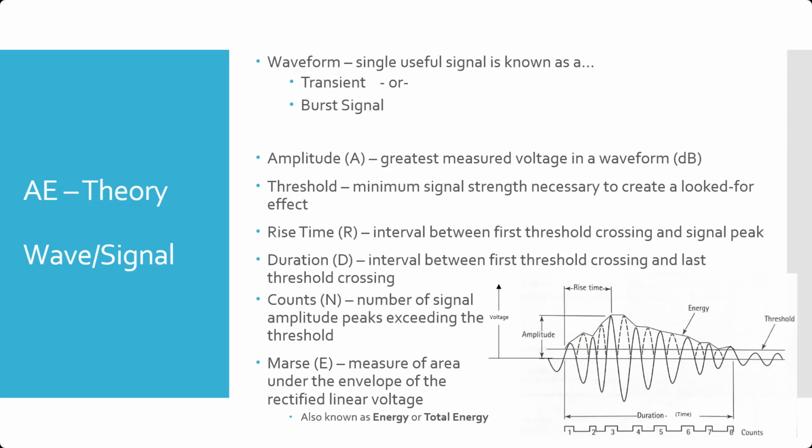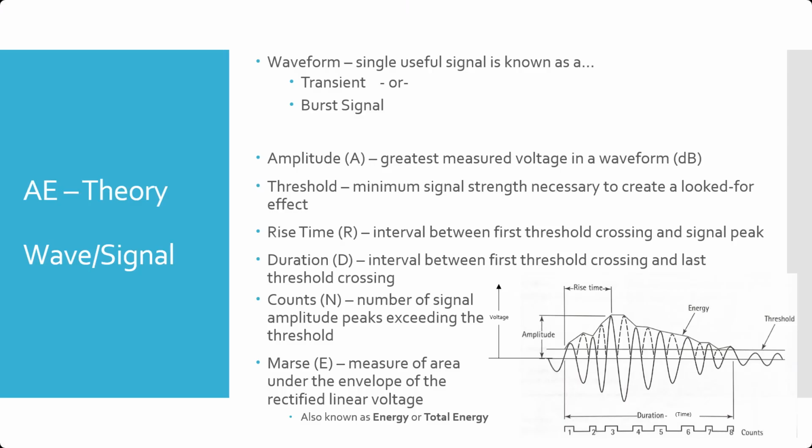So counts are shown down here, you can see. Count 1 is this peak, count 2 is this peak, count 3, and we're counting the peaks above. You also have the inverse side of it, right? The peaks below, but you count each cycle, one period of the wave.